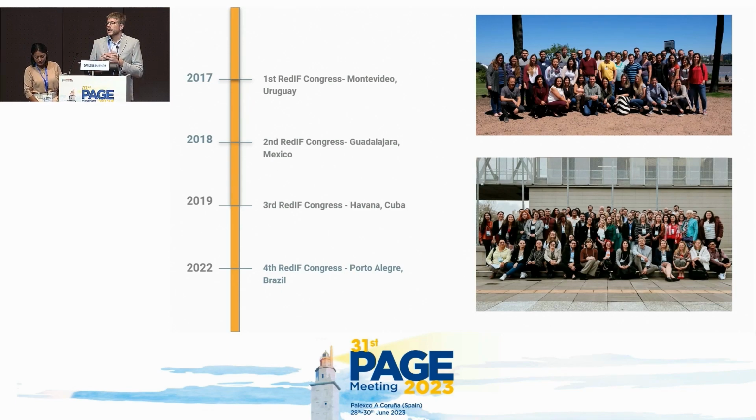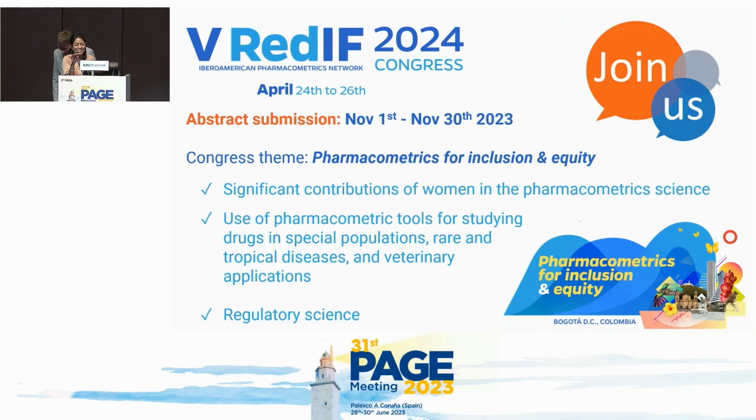Last year we had a very nice meeting in Porto Alegre, Brazil, and next year we will have a meeting in another part. Our next meeting is going to be held in the beautiful city of Bogota in Colombia, April 24th to the 26th.